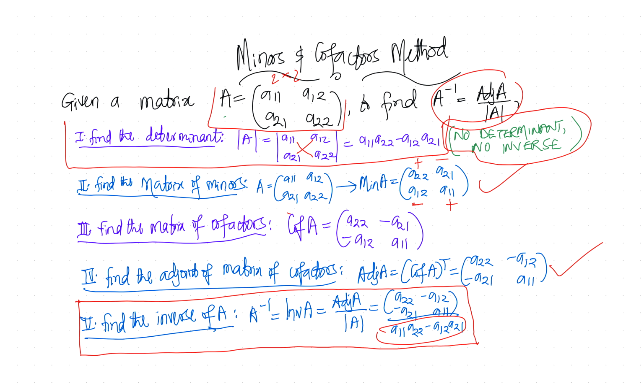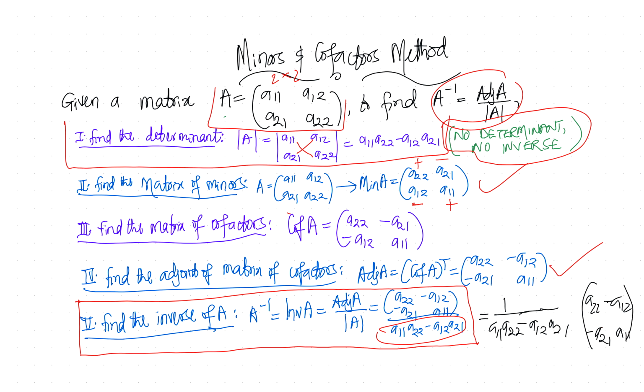Usually you might express it like this: since you are dividing by that, you can simply say it is 1 over A11 A22 minus A12 A21, all that times the adjoint matrix. So that's A22, minus A12, then minus A21, then A11, like that. You can simplify it that way if you like.